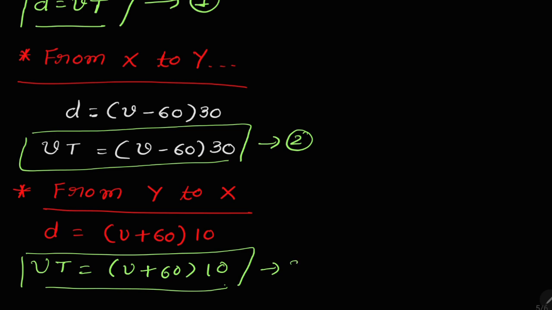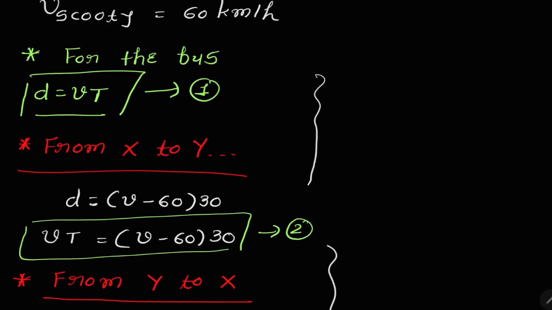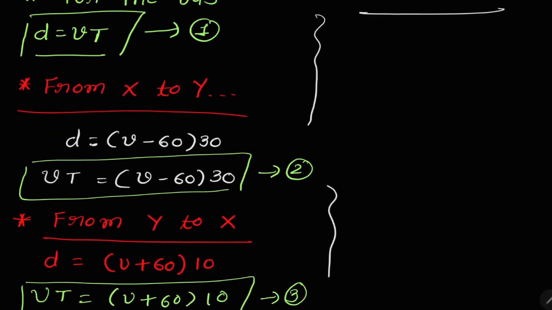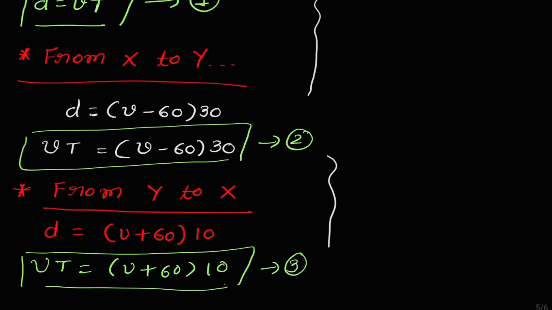Now बच्चों, let me compare equation 2 and 3. Both have the same left hand side. So I will compare both right hand sides. (V minus 60) into 30 is equal to (V plus 60) into 10.